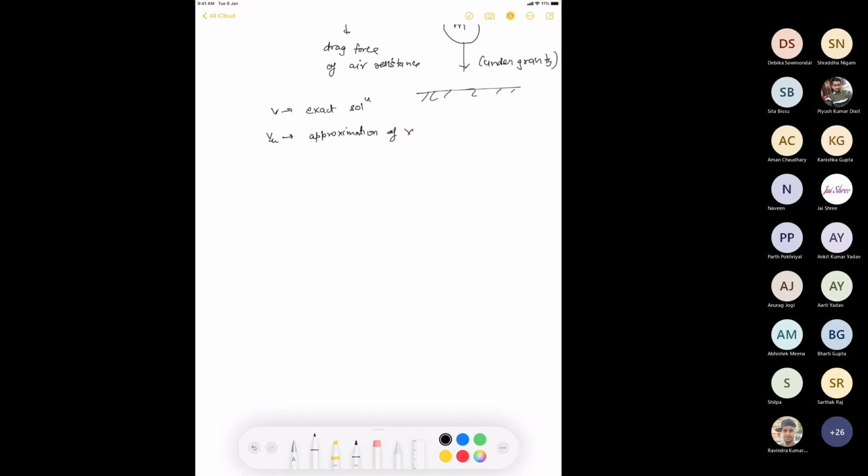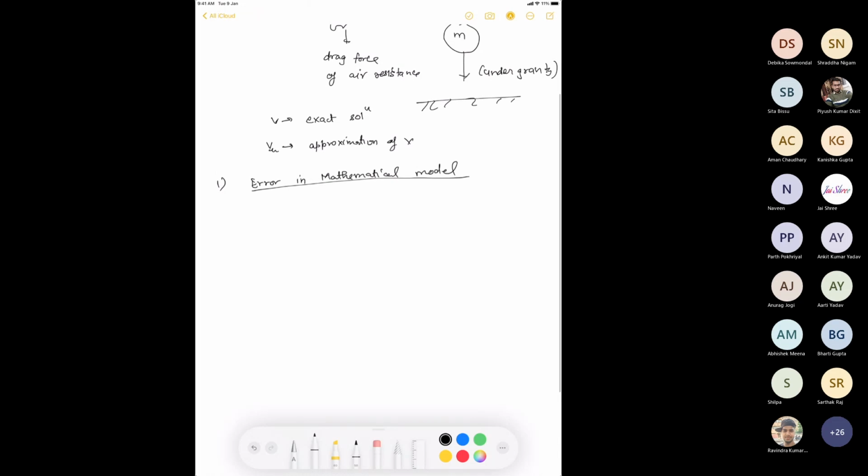So firstly, you can have an error in the mathematical model itself. Meaning that when we try to model any physical phenomenon, we put in a lot of assumptions to simplify the model, right?